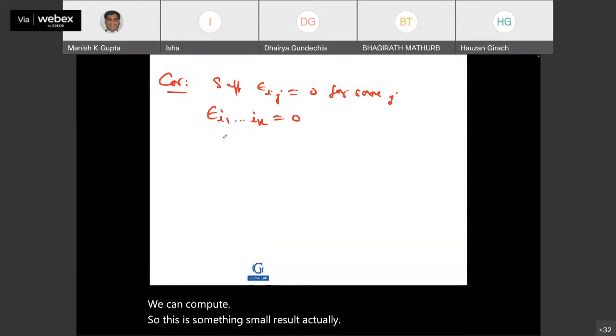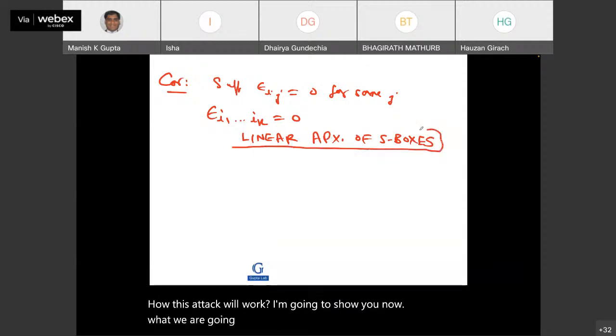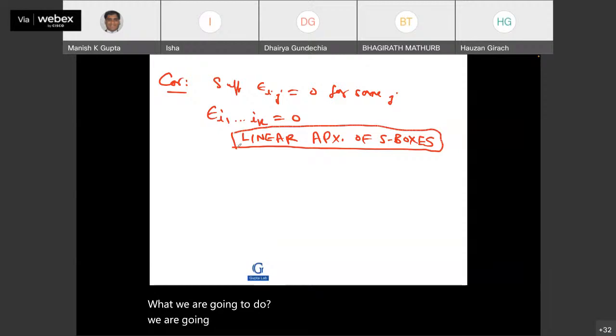Now we are ready to show you the linear approximation for S boxes, and how this attack will work. What we are going to do is the linear approximation of S boxes.